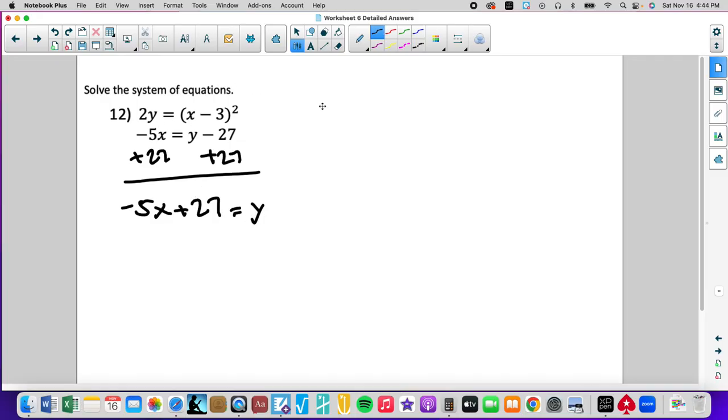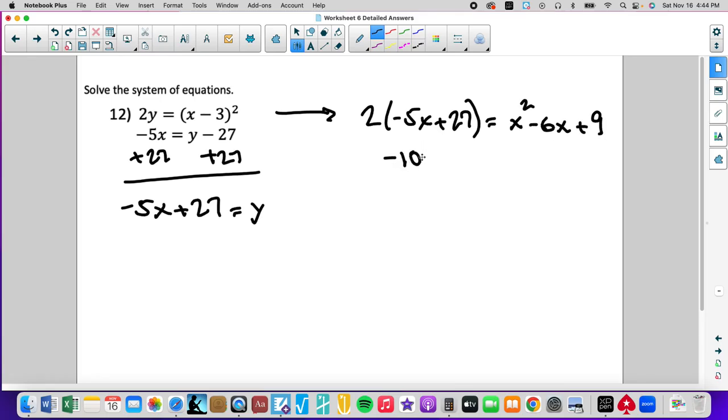And I'm going to substitute it into this equation. So 2 times negative 5x plus 27 equals, and we'll do that out. That's going to be x squared, multiply the 2 and double, negative 6x plus 9. That's going to be negative 10x plus 54 equals x squared minus 6x plus 9.